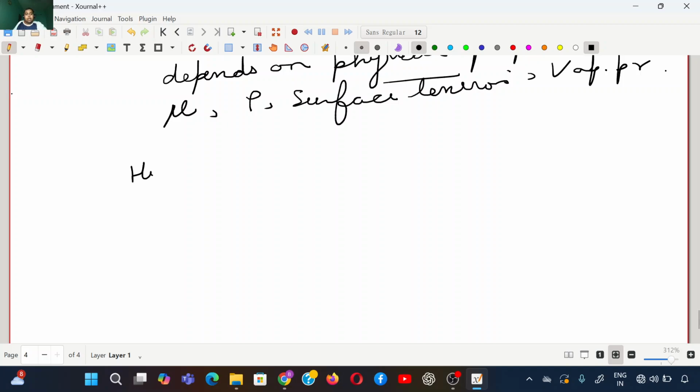If you take high viscosity samples, high viscosity basically means they're thick. If you think of glycerol, it's much thicker than water.